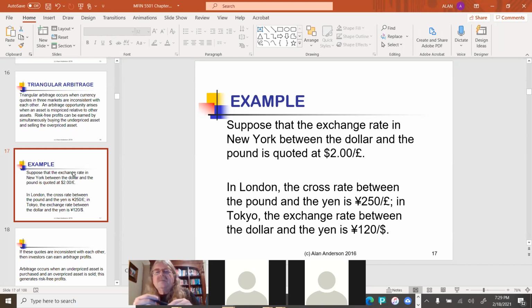This is not the gold example. This is the cross exchange rate example where, just to keep it simple, currently it takes $2 to buy a British pound. And in London, there's a foreign exchange dealer who will quote us a cross exchange rate of 250 yen per pound. And then finally in Tokyo, there's another dealer who's offering 120 yen per dollar.